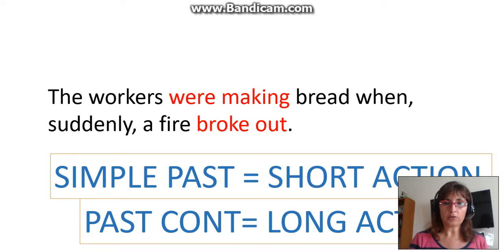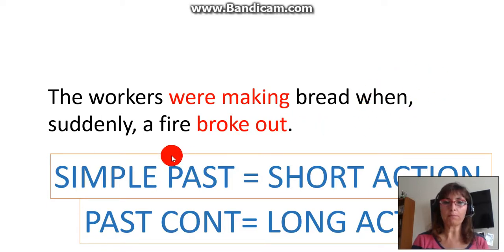So there is a long action with the past continuous, were making, were, and the verb with ing, and there is a short action, the fire broke out, in the simple past, that interrupts, that stops the action of making bread. Notice how you put these two actions together with when. When a fire broke out.